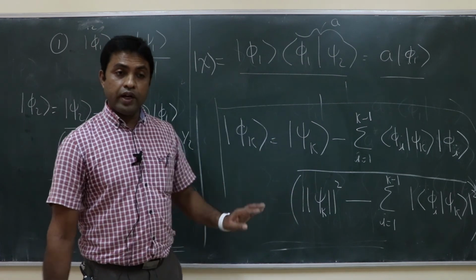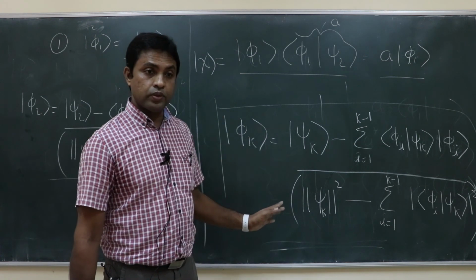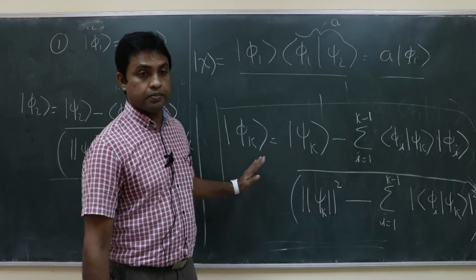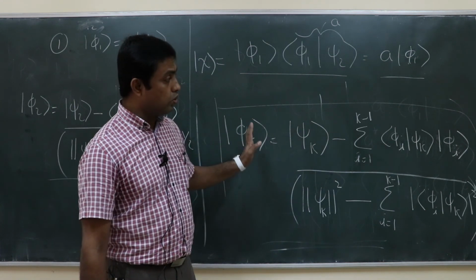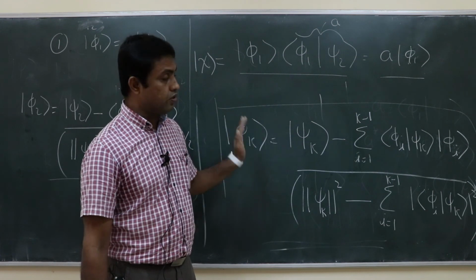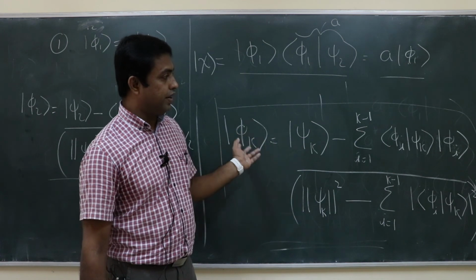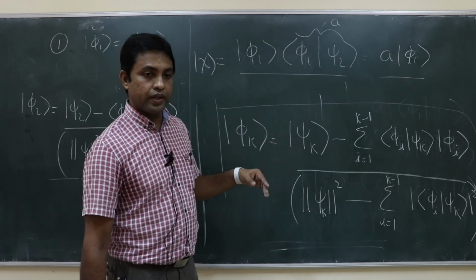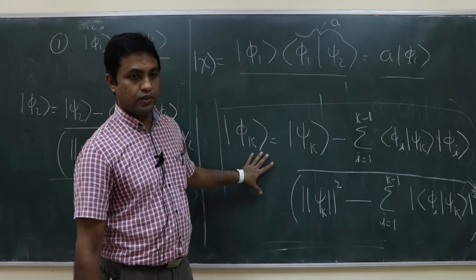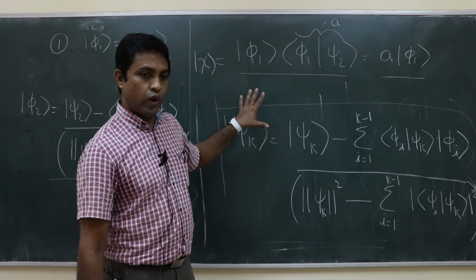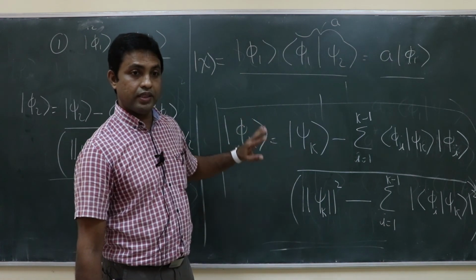So now I want all of you to go back and repeat the process to get this term. The idea is not just to get this, the idea is to learn how to deal with kets and bras to find the inner product. And when the space is complex, how these inner products are related, all those things you have to use here. So at least the first 3 vectors, make them orthonormal to each other.